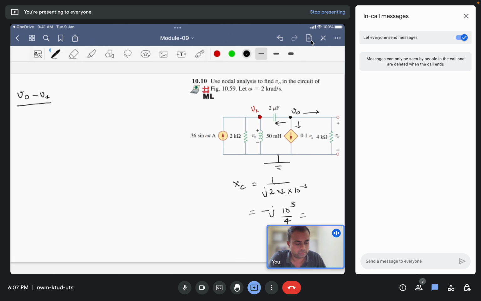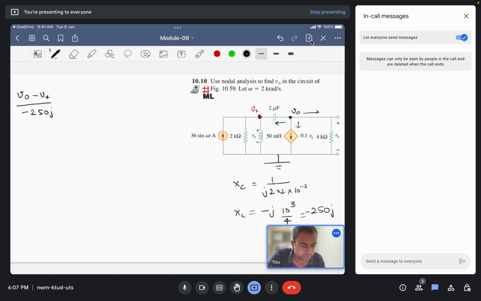So this will come out to be minus 250 j. So minus 250 j will be the Xc value.